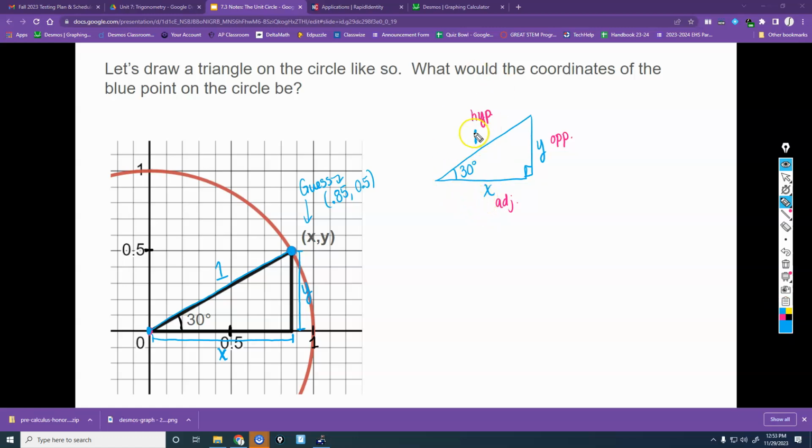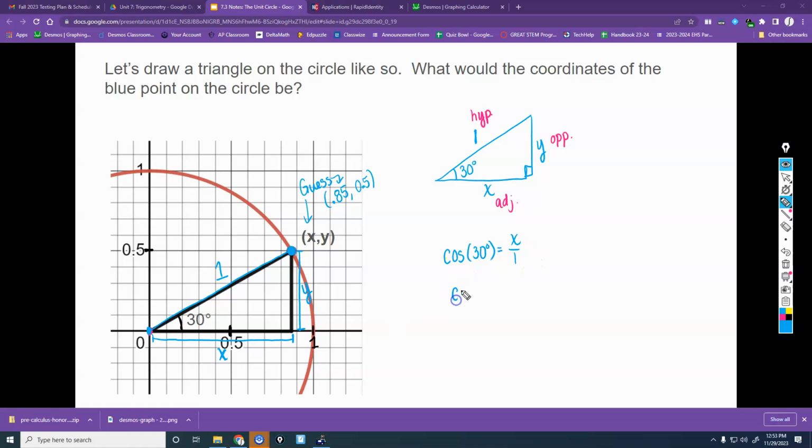I need to use 1 because that's the only side that I know the actual length of. So if I've got adjacent and hypotenuse, that's cosine of 30 degrees equals adjacent, which is x, over hypotenuse, which is 1. x divided by 1 is just x, right? That doesn't really do anything. Or you can multiply both sides by 1.